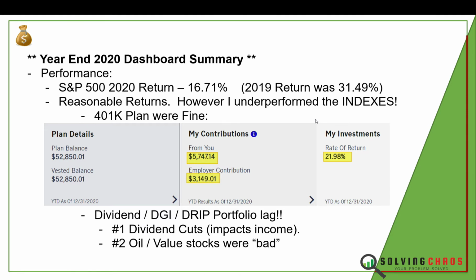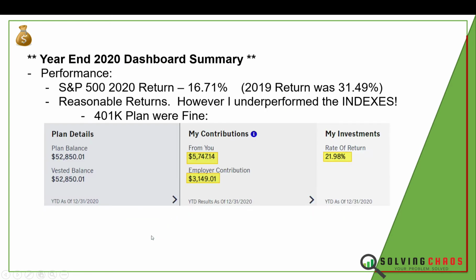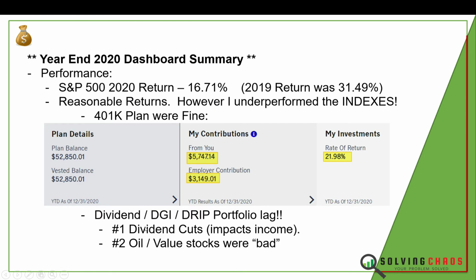So when I looked at my portfolio, the things that did well were the 401k plan, things that track the S&P 500. Of course, if you're tracking it, you're going to get somewhere near this number. And that's a good thing. In this particular portfolio, I had some small caps and mid caps in here, and those outperformed. But the things that didn't outperform were companies that were doing really poorly, which meant dividend cuts.